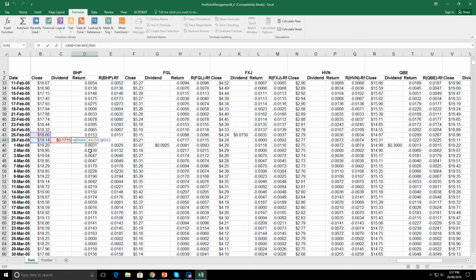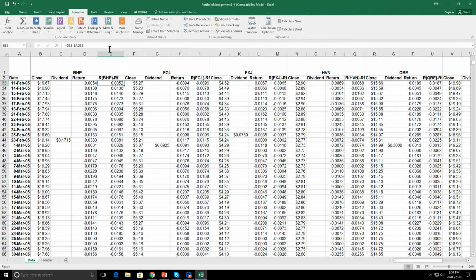After calculating daily returns, we need to calculate excess returns, and I think you also know that excess return is the individual return from the stock minus the risk-free rate. As I have already shown you, we have the risk-free rate at the extreme right column.